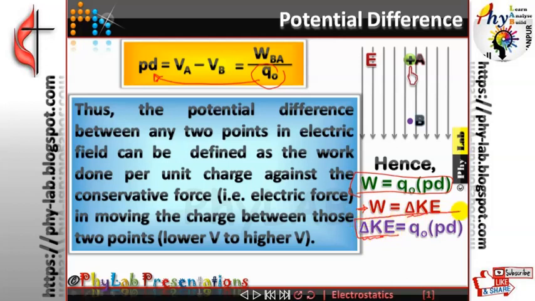So in electrostatics, friends, whenever you are asked for kinetic energy of a charged particle, please remember kinetic energy of a charged particle as Q naught into PD. Do not jump to kinetic energy as half mv square. In electrostatics, whenever somebody asks you kinetic energy, start thinking in terms of Q naught into PD. Work done also has Q naught into PD. Take care about this important fact. It will help you in a lot of numerical problems, friends.